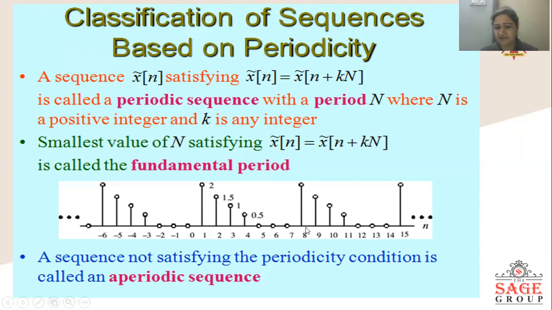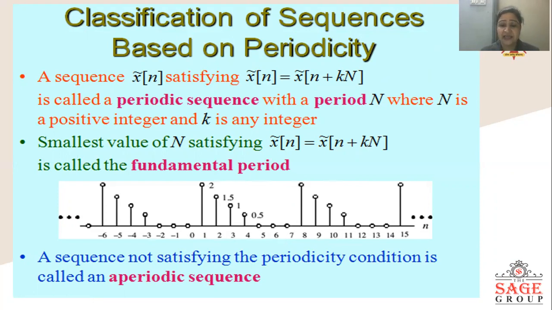At n equal to 7 we have 0, at n equal to 8 we have 2, at n equal to 9 we have 1.5, then 1, then 0.5, then at n equal to 12 we have 0, and at n equal to 13 we have again 0. That means the pattern from 0 to 6 repeats from 7 to 13, and it will again repeat. The pattern is repeating for every 7 samples.